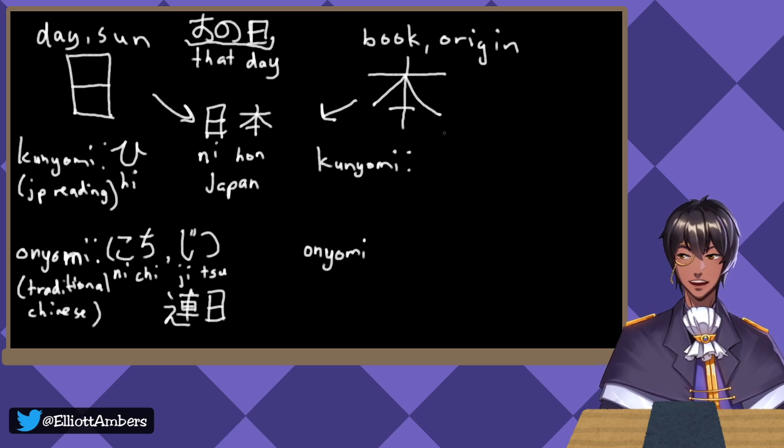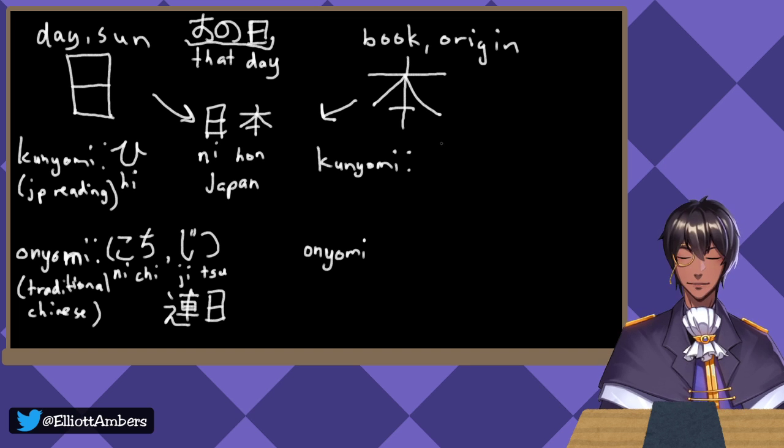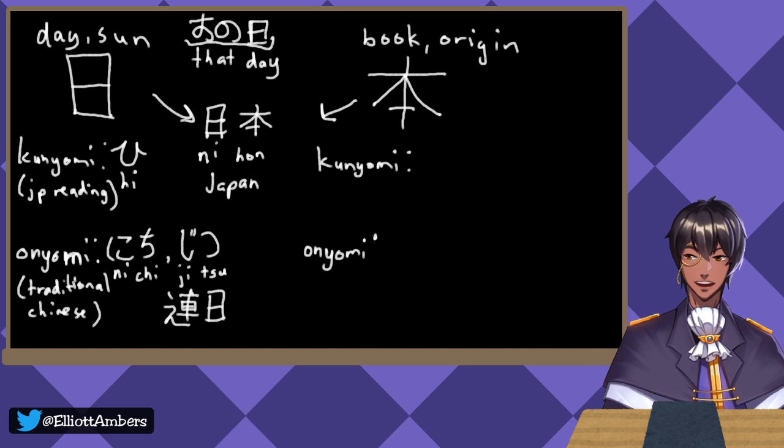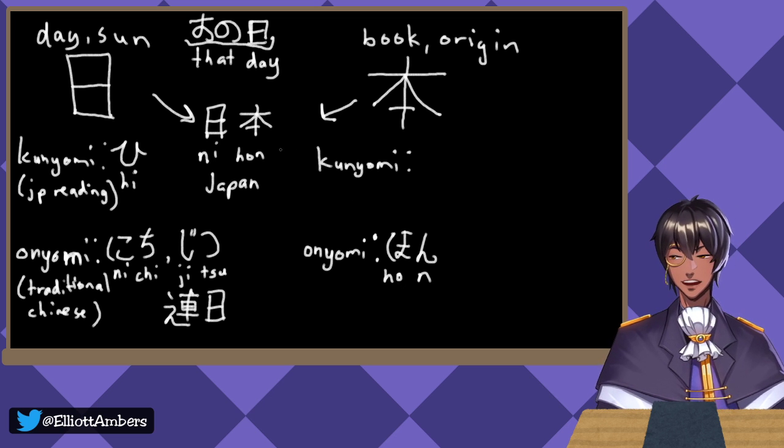the way you read it usually has a different meaning. At least from what I've experienced, whenever you're referring to books, the onyomi reading is, like we have here, hon. And Nihon is an example of that.